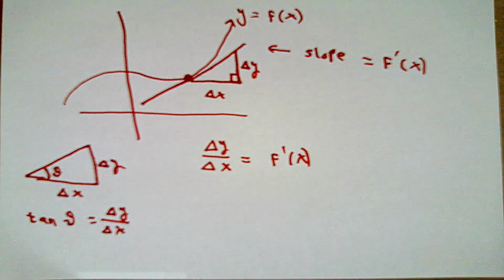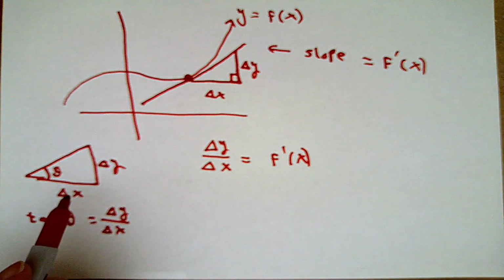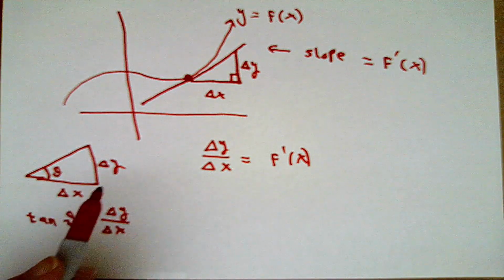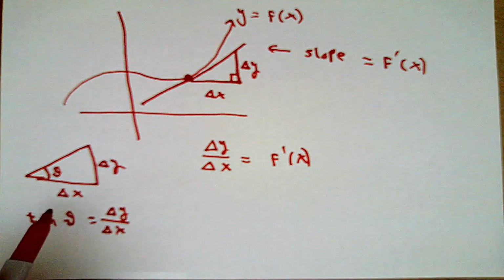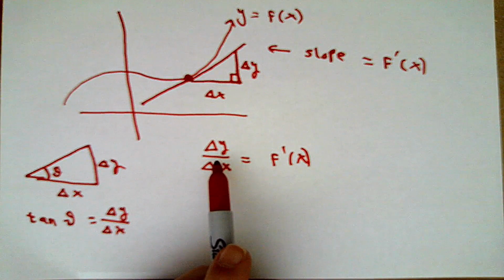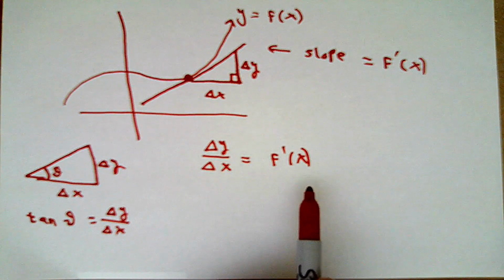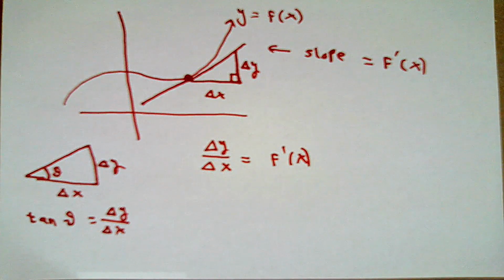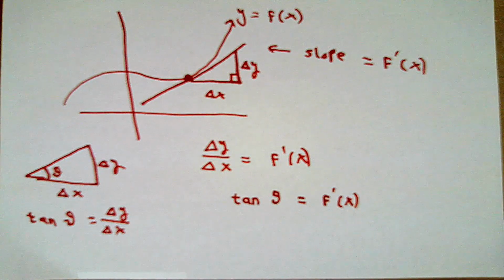Calling that angle of inclination theta, drawing the right triangle, it's clear that tangent of theta is opposite divided by adjacent, which is delta y over delta x, which is the same as f prime at x. So tangent of theta is equal to f prime at x.